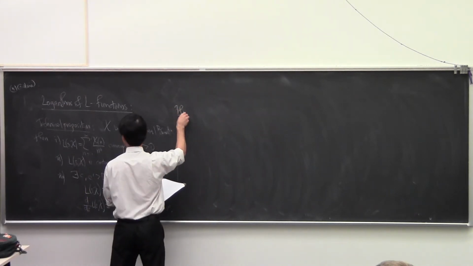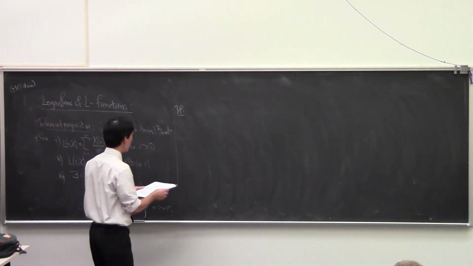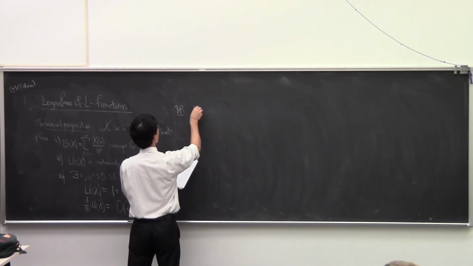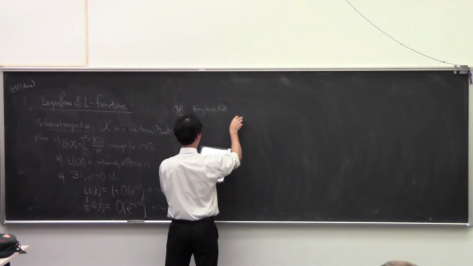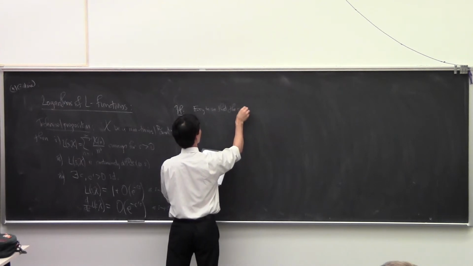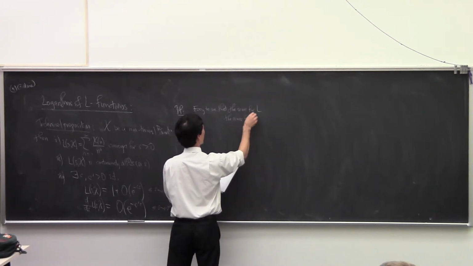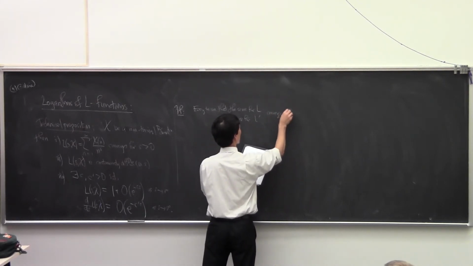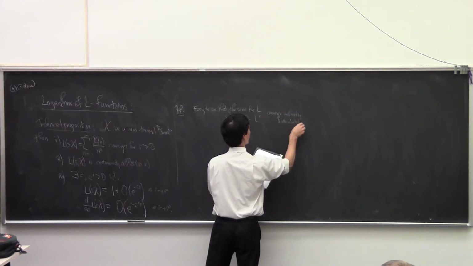Prove. So let's prove the proposition. I'm just going to say it's easy to see that the series for L and the series for L prime both converge uniformly and absolutely for s bigger than 1.